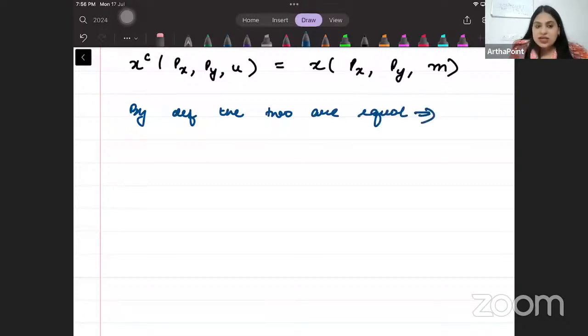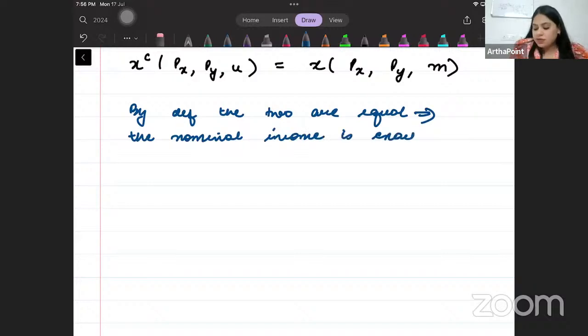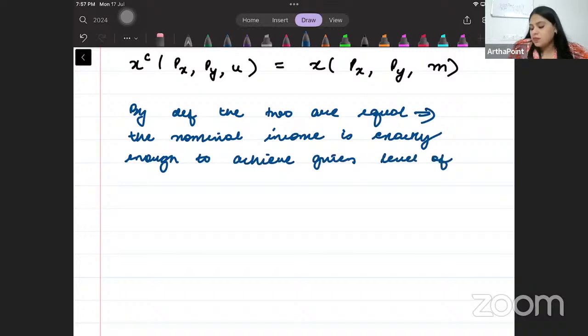It implies that the nominal income is exactly enough to achieve a given level of utility. Right? I'm just writing in my words, but book language will be a little more formal. Okay. Now, let's come to one more step further.